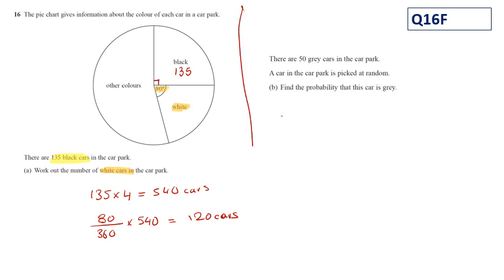Second part of the question, there are 50 grey cars in the car park. A car in the car park is picked at random. Find the probability that this car is grey.